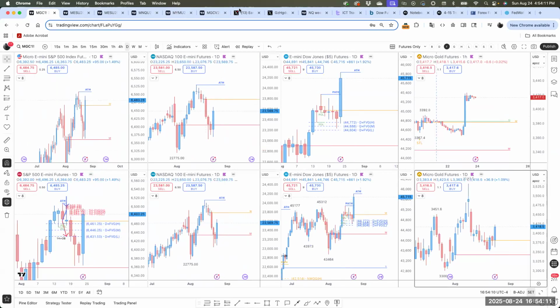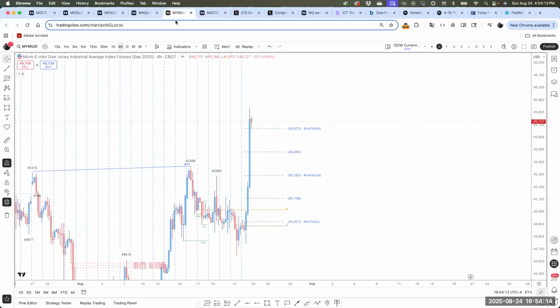So I don't know exactly how far we may want to come down. Let me go back to that. But if I had to guess, there's an inverted fair value gap right here.